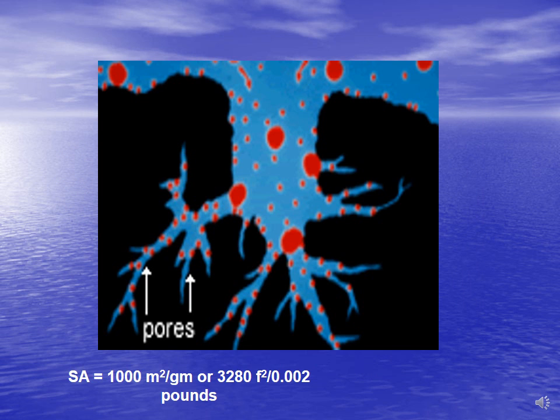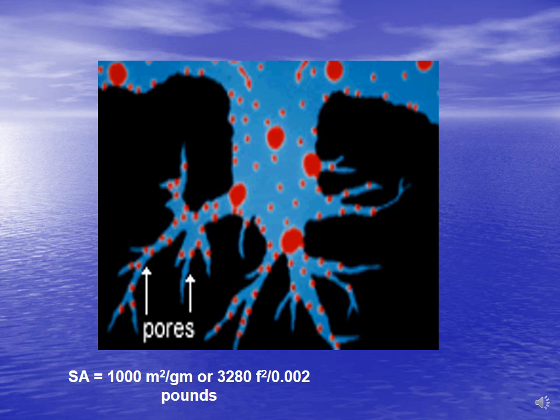This is a cartoon of one granule of granulated activated charcoal. Each particle of charcoal has so many nooks and crannies that if you were to take approximately a teaspoon of that charcoal and lay all those nooks and crannies side by side, it will equal the surface area of about 3,280 square feet.